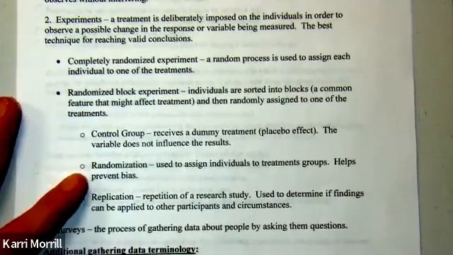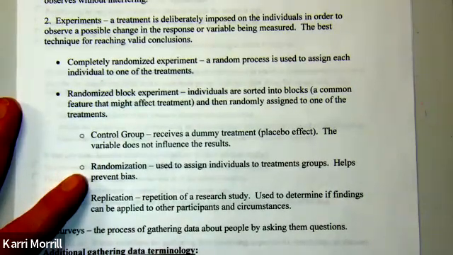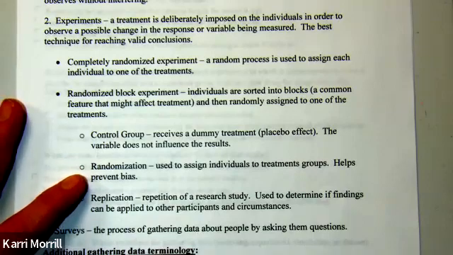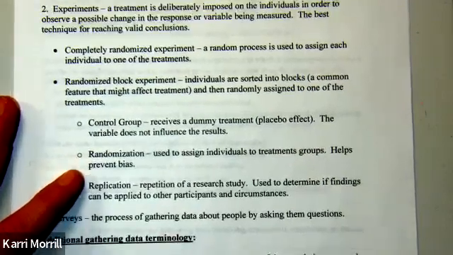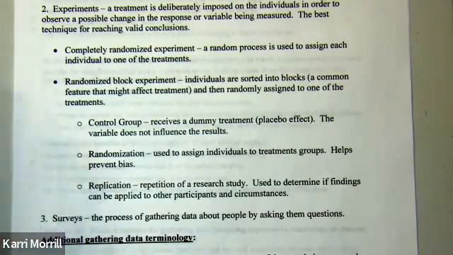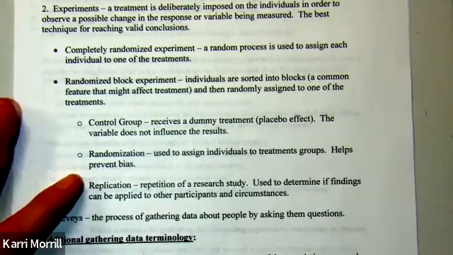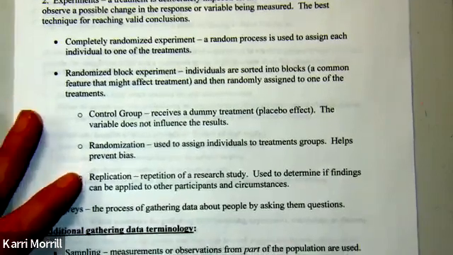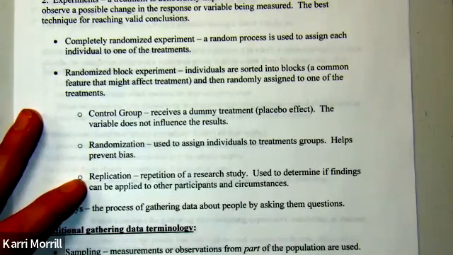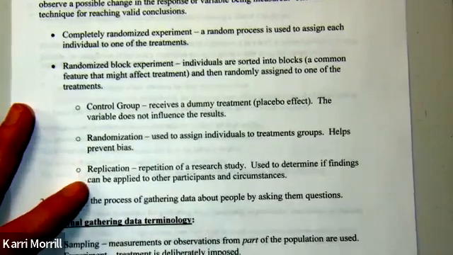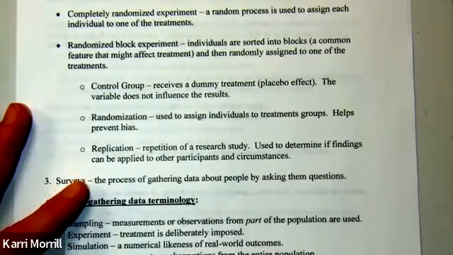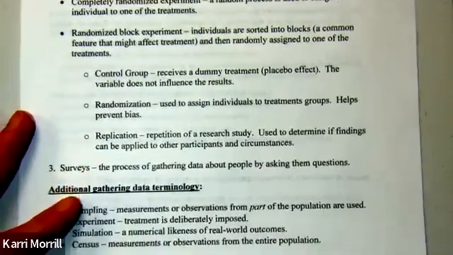Randomization is used to assign individuals to treatment groups, and it helps prevent bias. So you'll be reading through some of these problems and it will want you to eliminate bias. And that's just what randomization means in those problems that we'll be reading. Replication is repetition of a research study. It's used to determine if findings can be applied to other participants or circumstances.